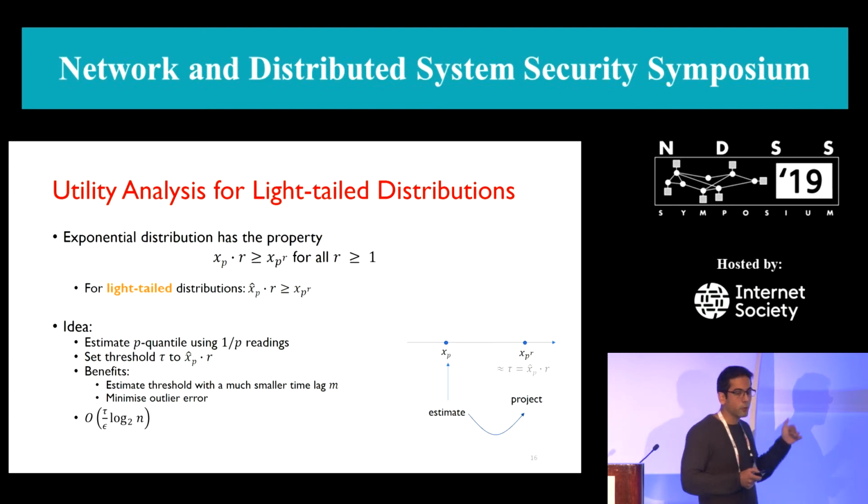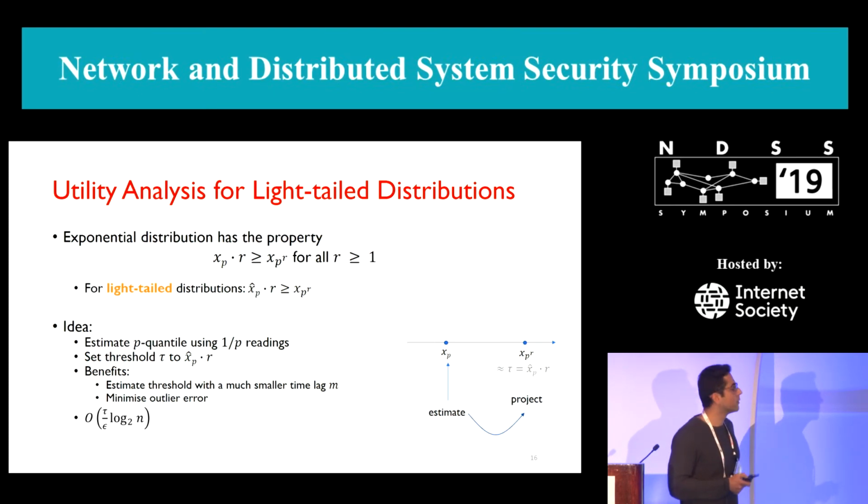The reason why this gives us better utility is because of a nice property of the exponential distribution: if we have the p-Quantile and we multiply it by a number, r, then that's always greater than a p-Quantile further down the distribution.